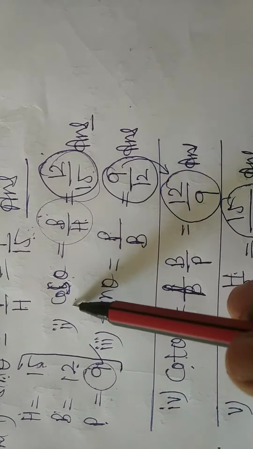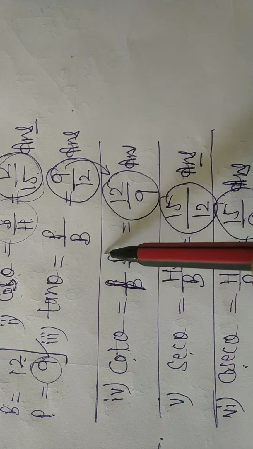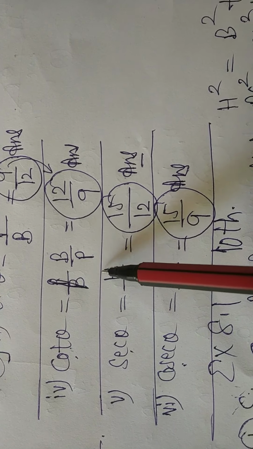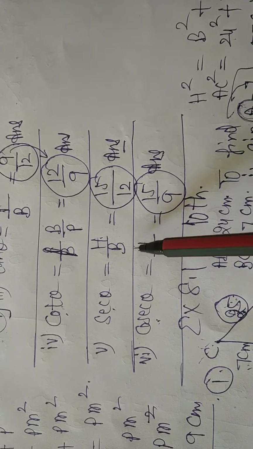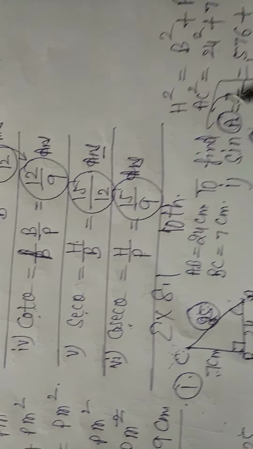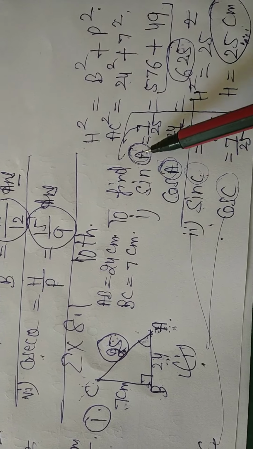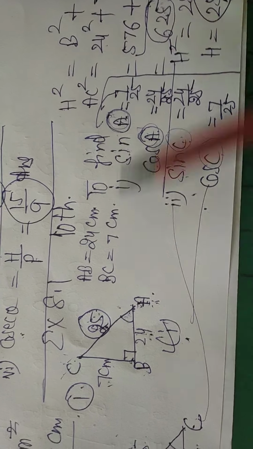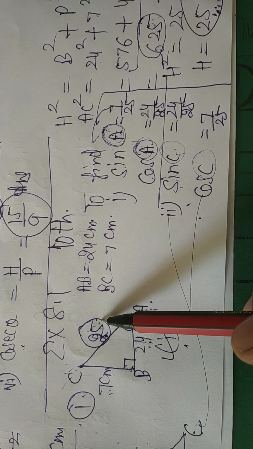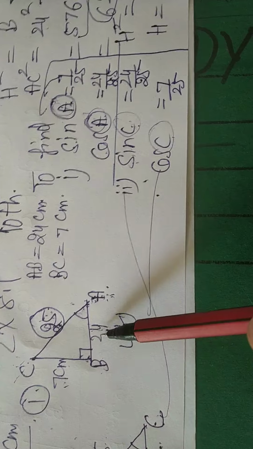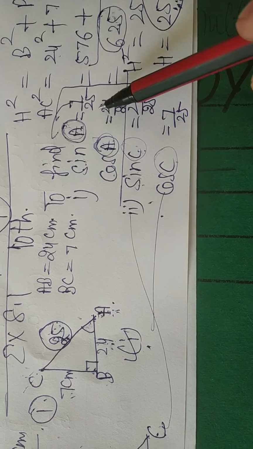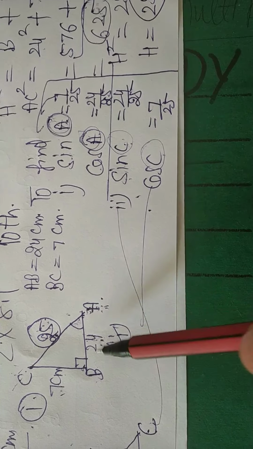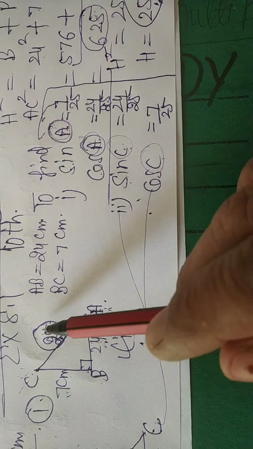Tan theta is P by B, cot theta is B by P, sec theta is H by B, and cosec theta is H by P, right? Now, sine A is equal to P by H. P is 7, H is 25. Cos A, cos means base upon hypotenuse. Base is 24 and hypotenuse is 25, so I will get 24 by 25.